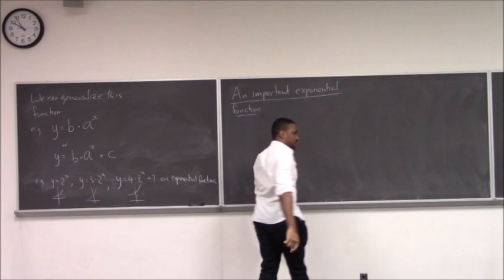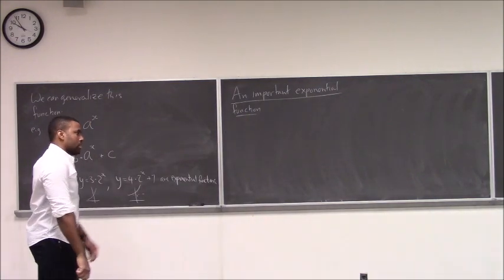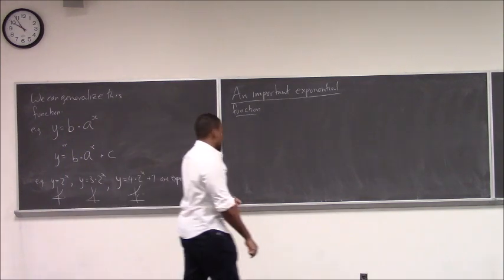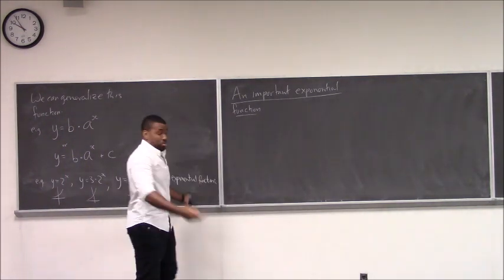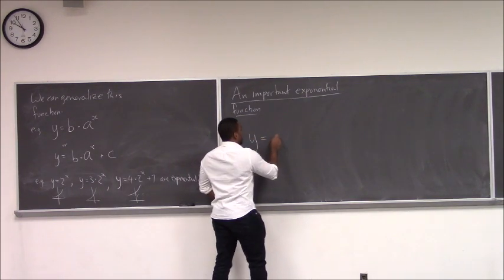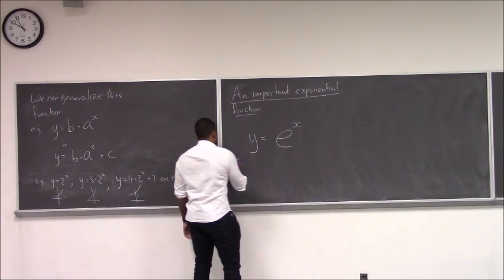Here's a very important kind of exponential function. It's definitely the most important exponential function in calculus. It's probably the most important function in all of calculus. And there are some mathematicians who think it's the most important function in general. This is the function y equals e to the x. This is called a natural exponential function.